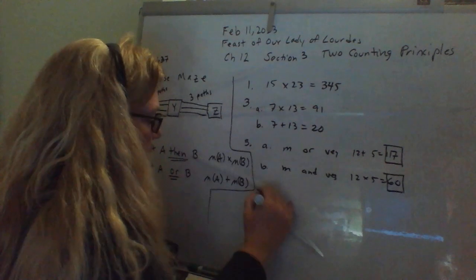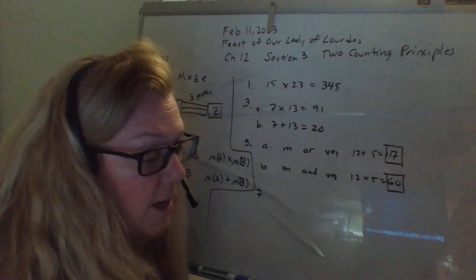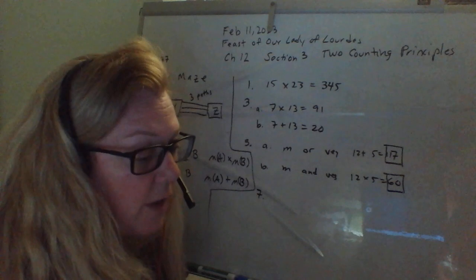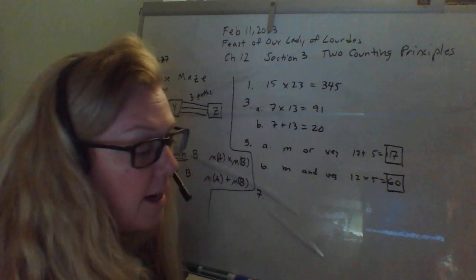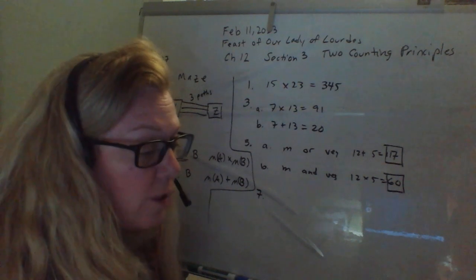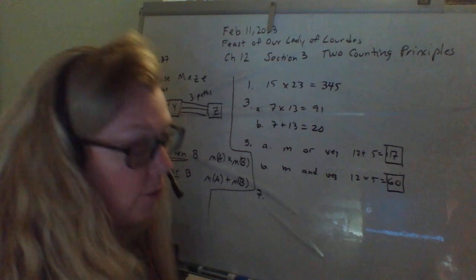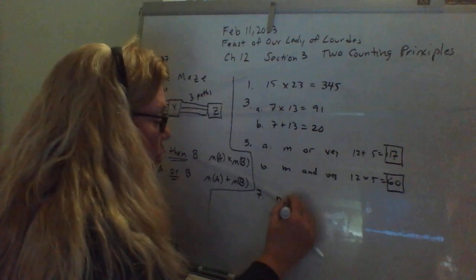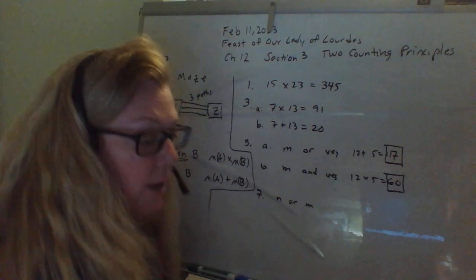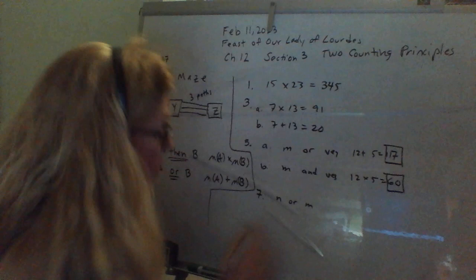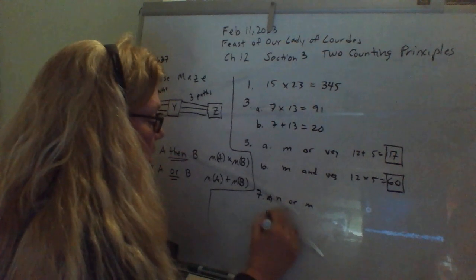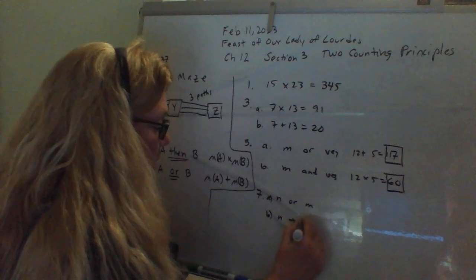Okay. Looking at 7. A reading list contains 12 novels and 5 mysteries. In how many different ways could a student select A, a novel or a mystery? B, a novel, then a mystery. Novel, then mystery.